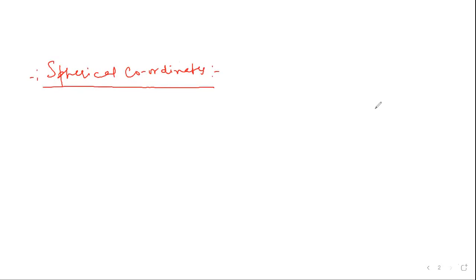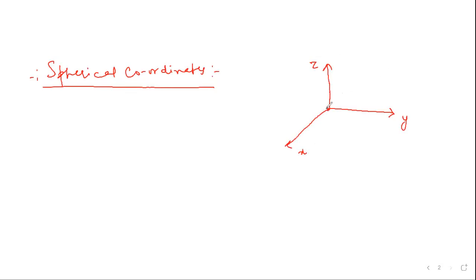Let me draw the figure. This is my x direction, this is my y direction, and this is my z direction. Now I select some point.